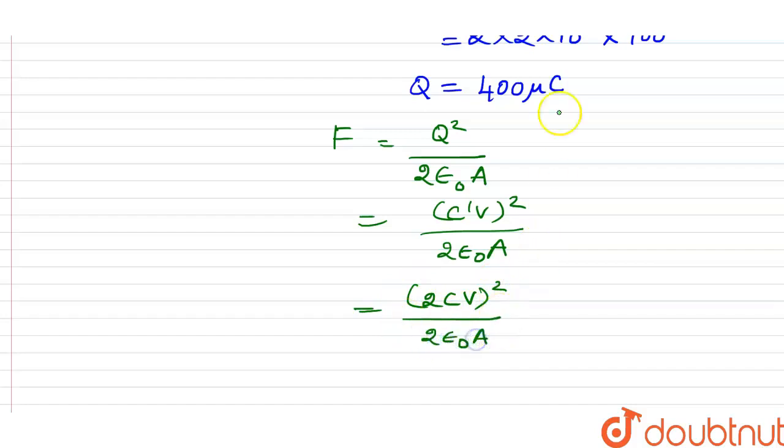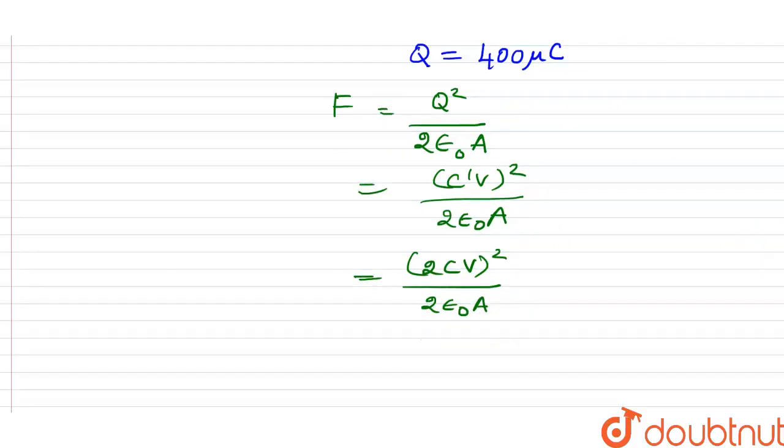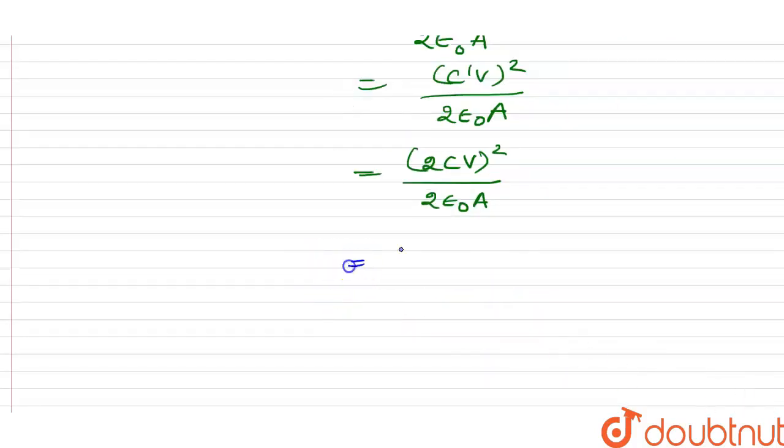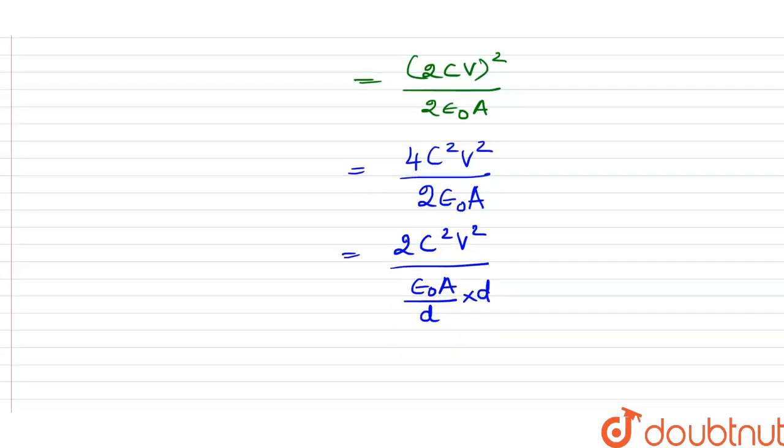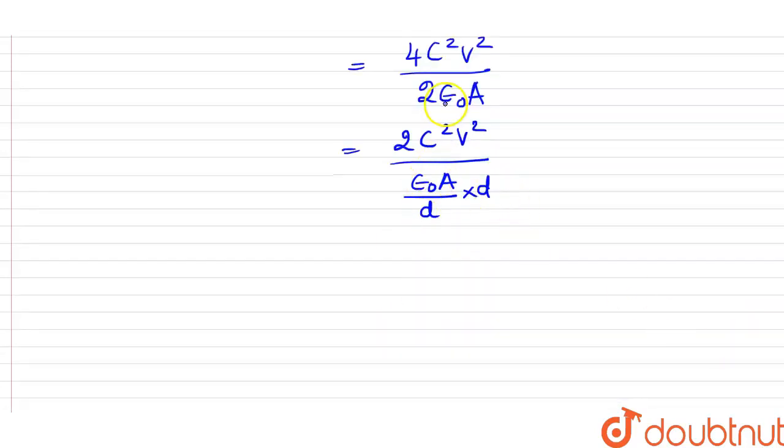In the next step, we square that and we will get 4 C square V square divided by 2 epsilon naught A. Then we cancel, and here we multiply and divide by the distance D, and we get 2 C square V square divided by epsilon naught A divided by D, multiplied by D. In the next step, epsilon naught A by D is the capacitance C, so one C and one C get cancelled.